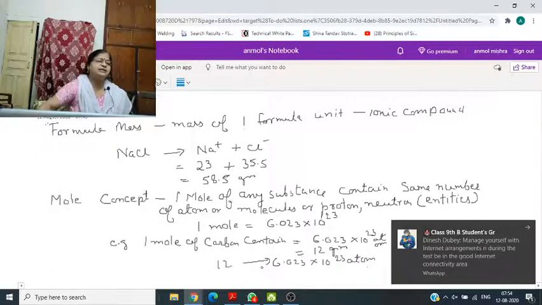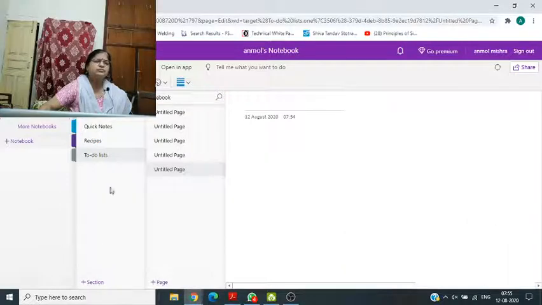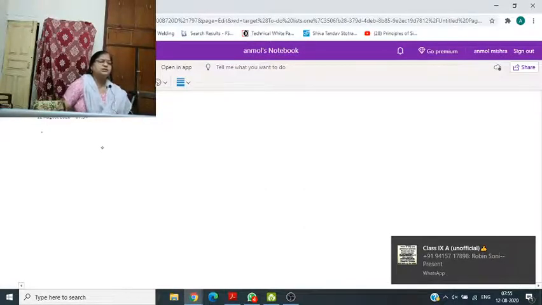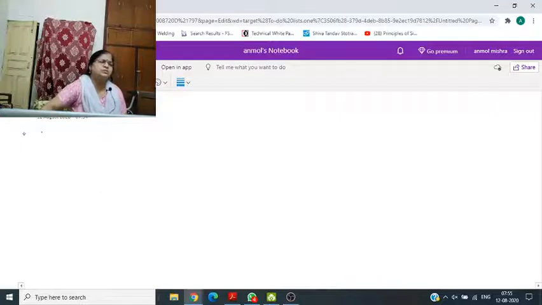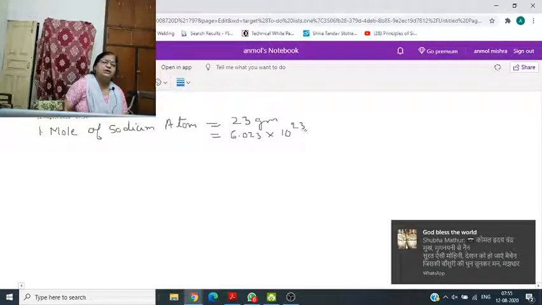Similarly, if we take a second example, sodium. 1 mole of sodium atoms is equal to 23 grams, also equal to 6.023 into 10 to the power 23 atoms.